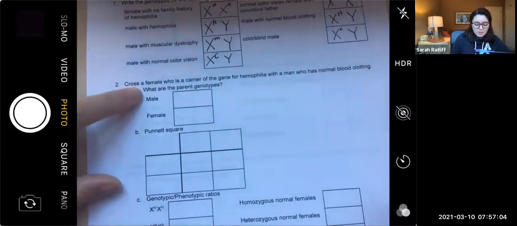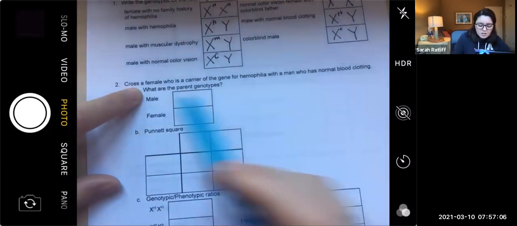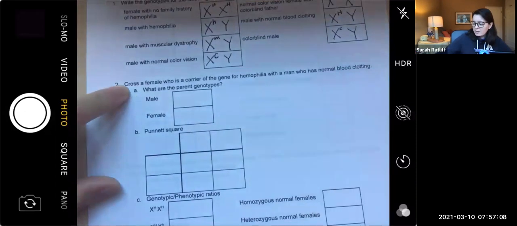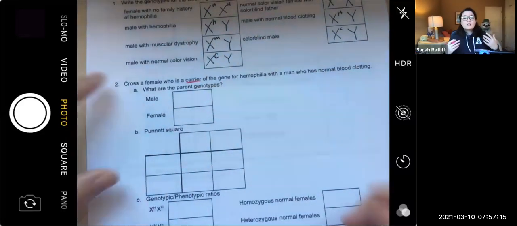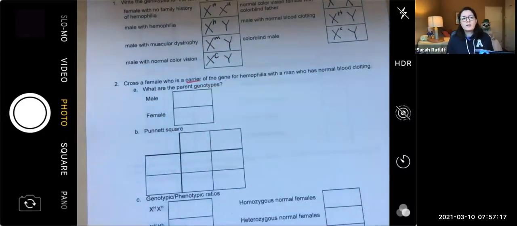All right, so what are our parent genotypes? Cross a female who is a carrier for the gene for hemophilia. So she's a carrier, meaning she's expressing the normal trait of not being hemophiliac, but she's carrying the gene for hemophilia.